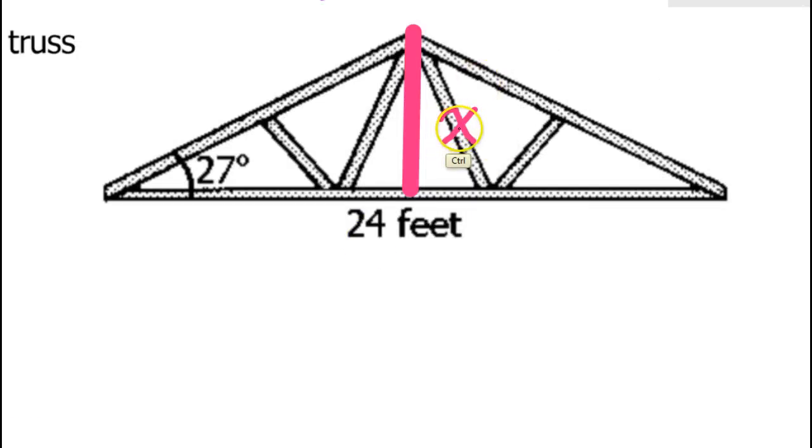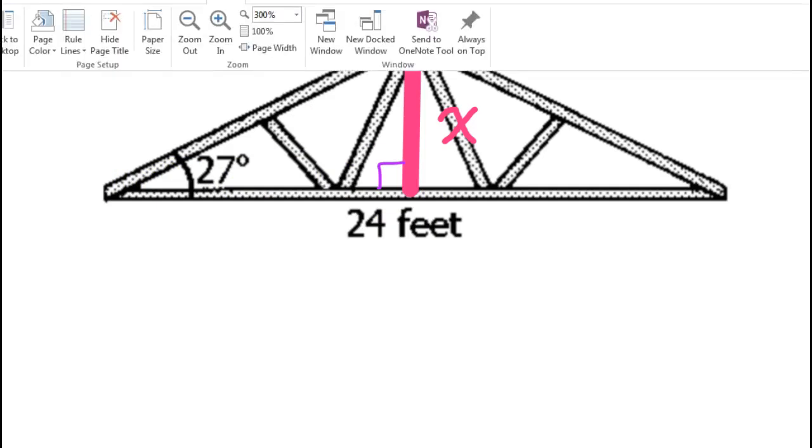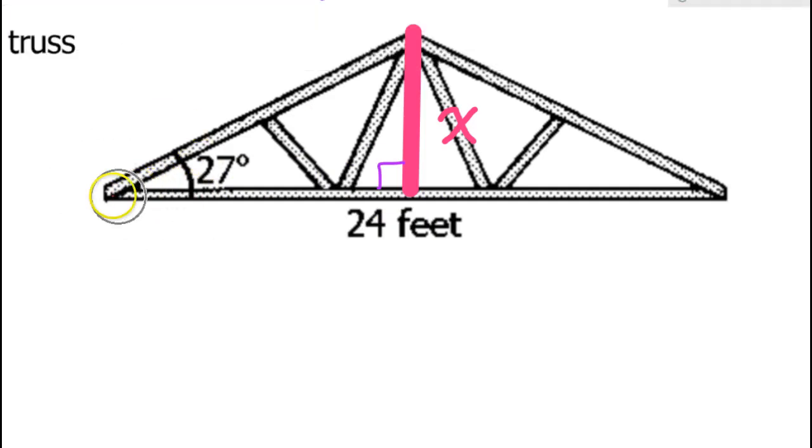I'm going to label that with an X because that is what we are supposed to find. So now I have my right triangle happening. Before I get too carried away, this right triangle, the 24 is not the bottom of this triangle, is it? So let's be careful.